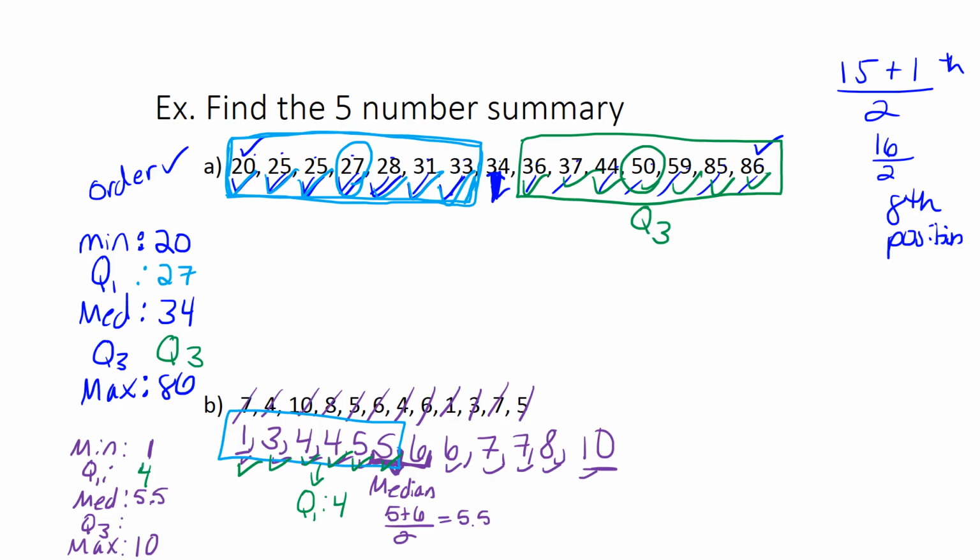Halfway between 4 and 4 is 4. And then do the second half of the data values. Again, we cover up the median, but it's not a value of our data set, 5.5, so it doesn't come into effect. 6, 10, 6, 8, 7, 7. So our Q3 is 7.